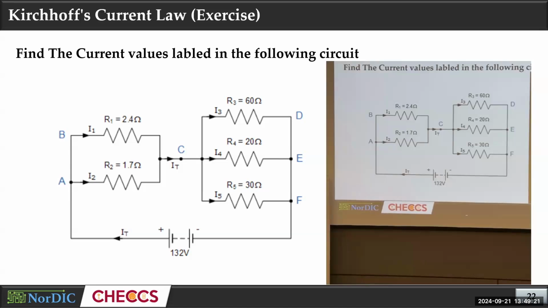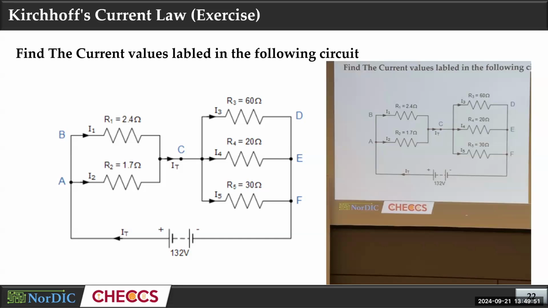What I have done is reduce these 2 into 1, and reduce these 3 into 1, so that the voltages across this resistance remain the same as this one. That is a simple equivalent resistance problem. When you get the voltage, you just divide it by the resistance value, and you get the current across each resistance. It's that simple.